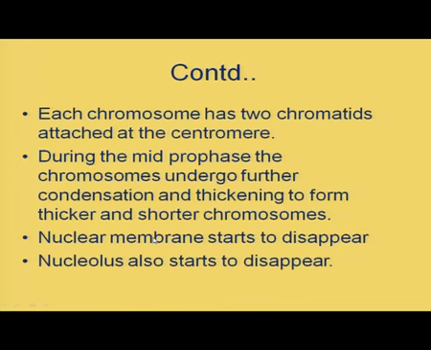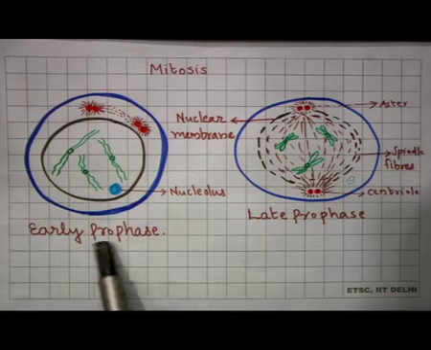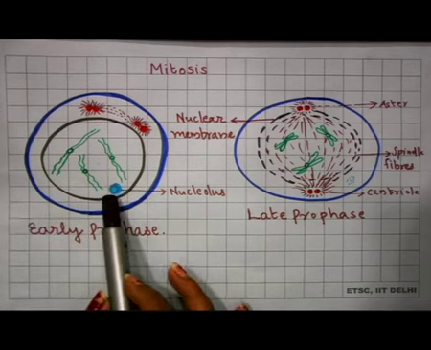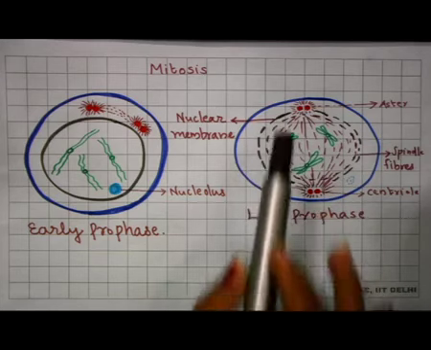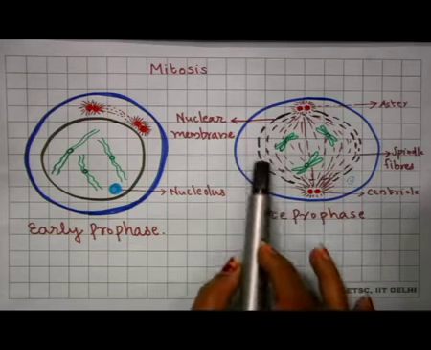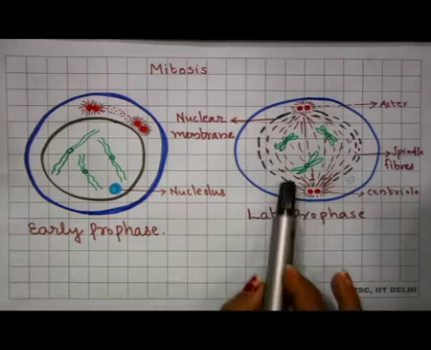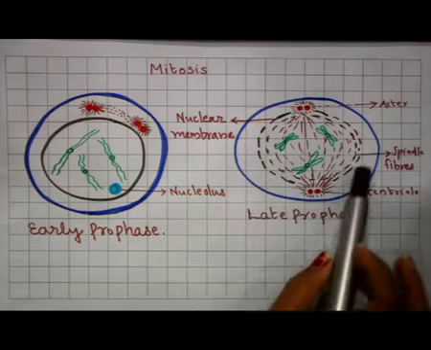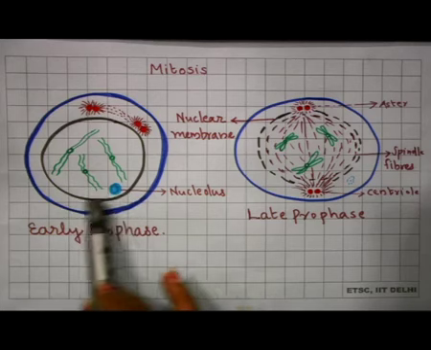Now, what happens to the nuclear membrane? Here you can see an intact nuclear membrane in the early prophase stage, but what happens in this late phase? Go through this diagram, the nuclear membrane starts disappearing. It is represented here as a dotted line only, whereas here it is an intact line in the form of a definite circle.